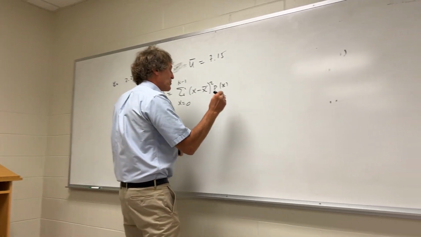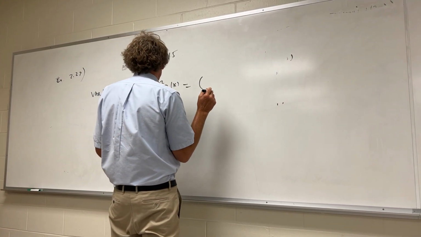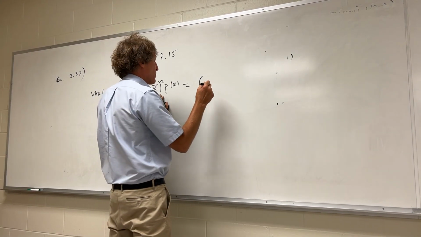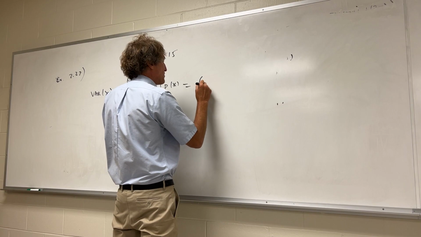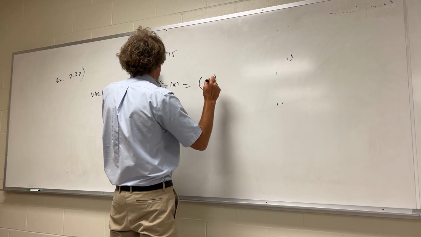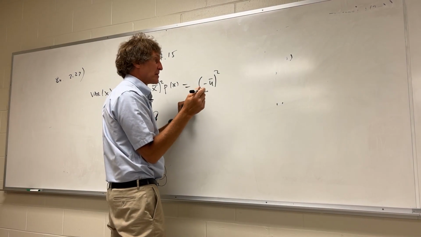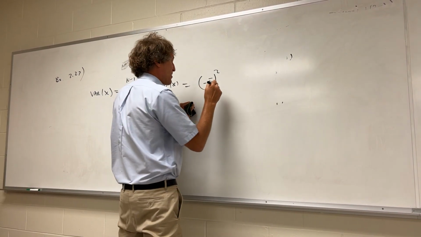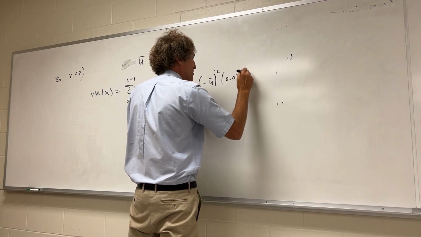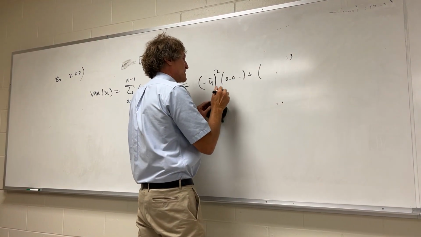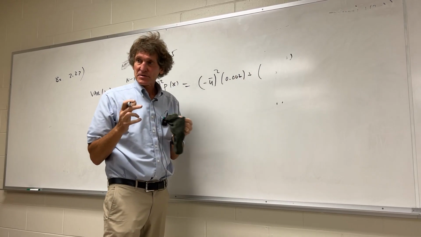So just to do it, for the first value, 0 minus X bar, it's just mu minus mu bar, squared, and what's the probability of 0? 0.002, two thousandths.